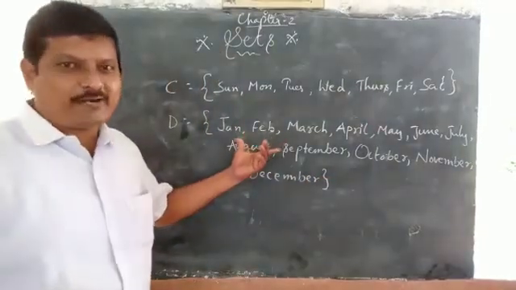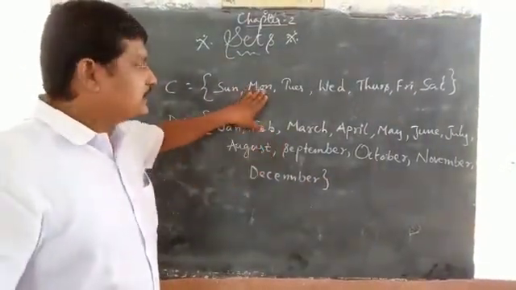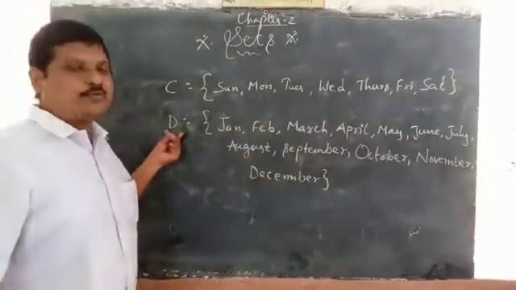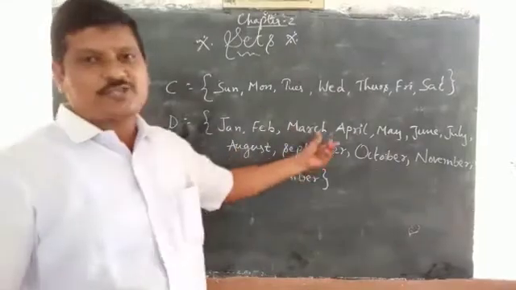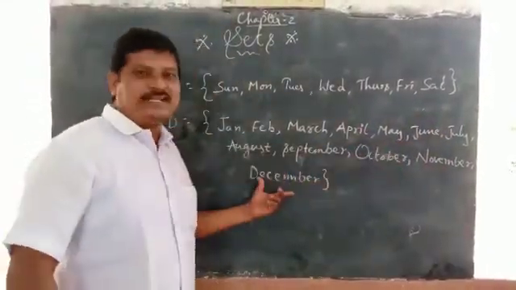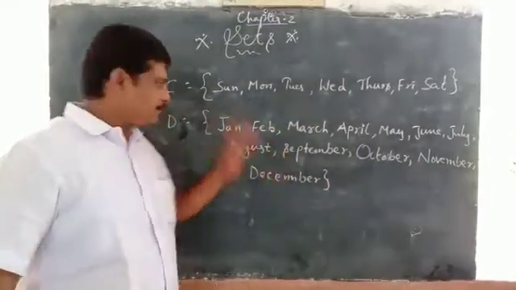This is also one kind of set. These are days of the week. These are months of the year. So D equals set of January, February, March, April, May, June, July, August, September, October, November and December. This is also one kind of set.